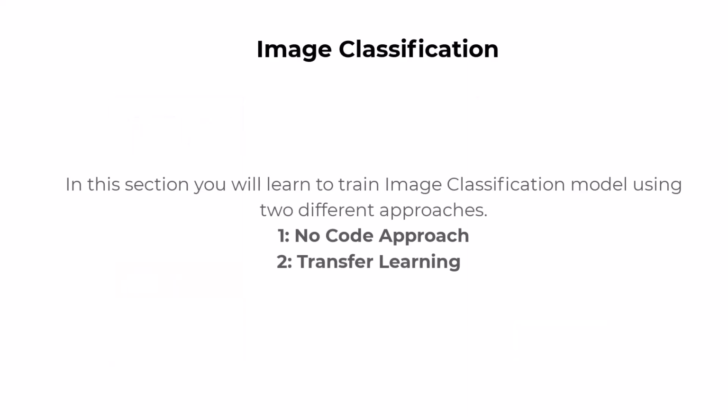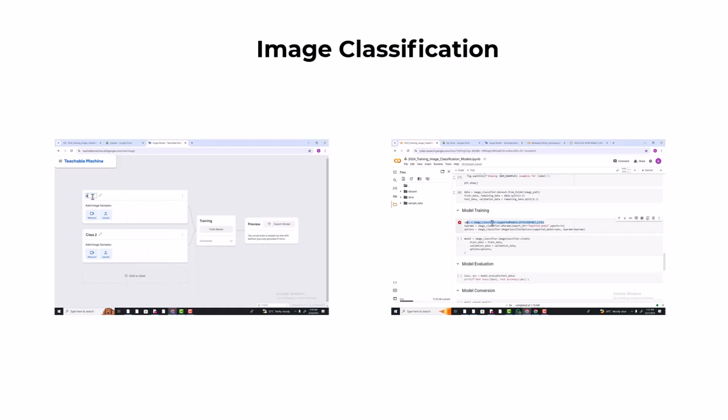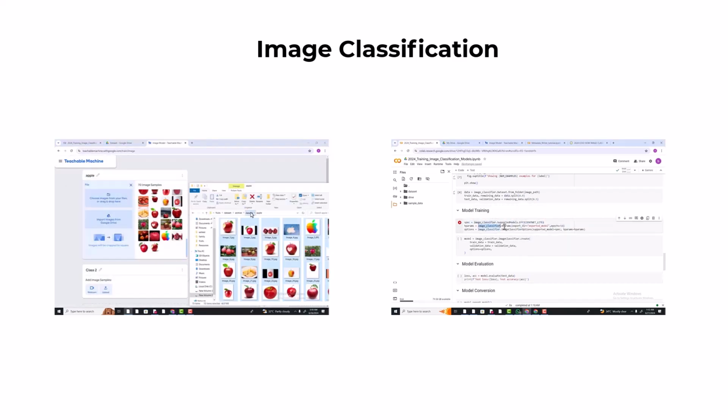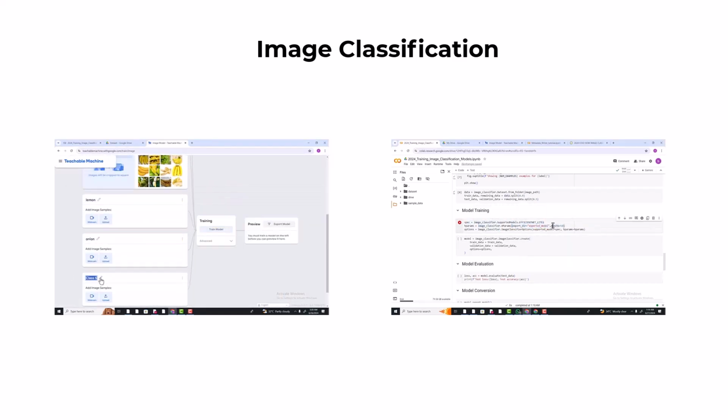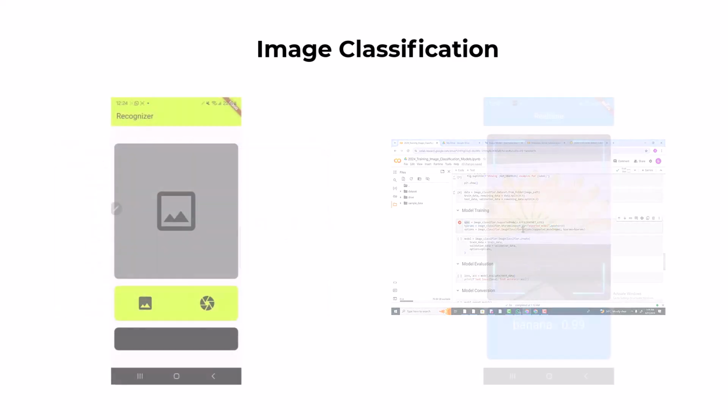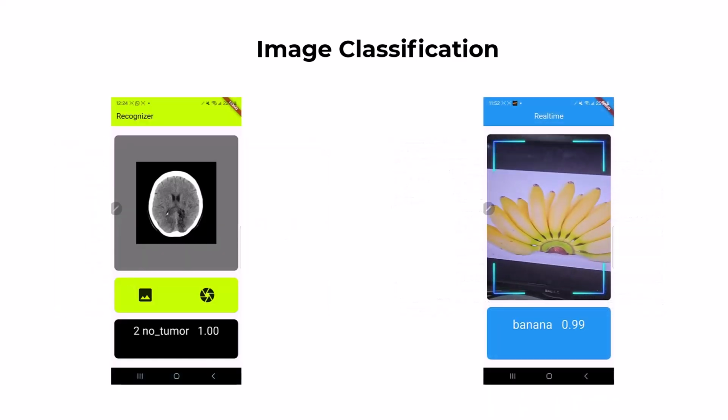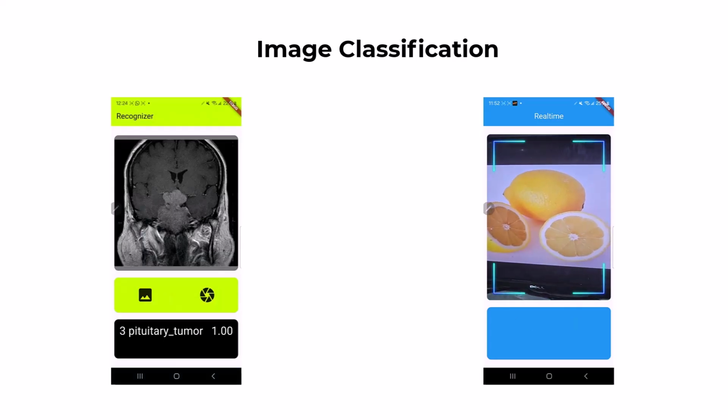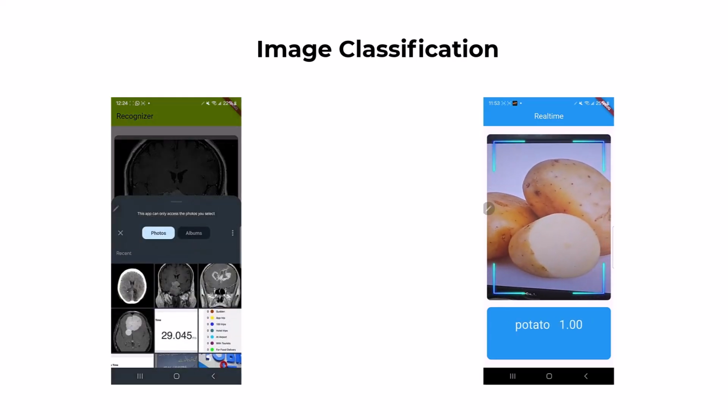After linear regression, you will learn to train image classification models using 2 different approaches. So inside this section, we are going to train a fruit classification and a brain tumor classification model. After that, we are going to use these models in Android with both images and the live camera footage.